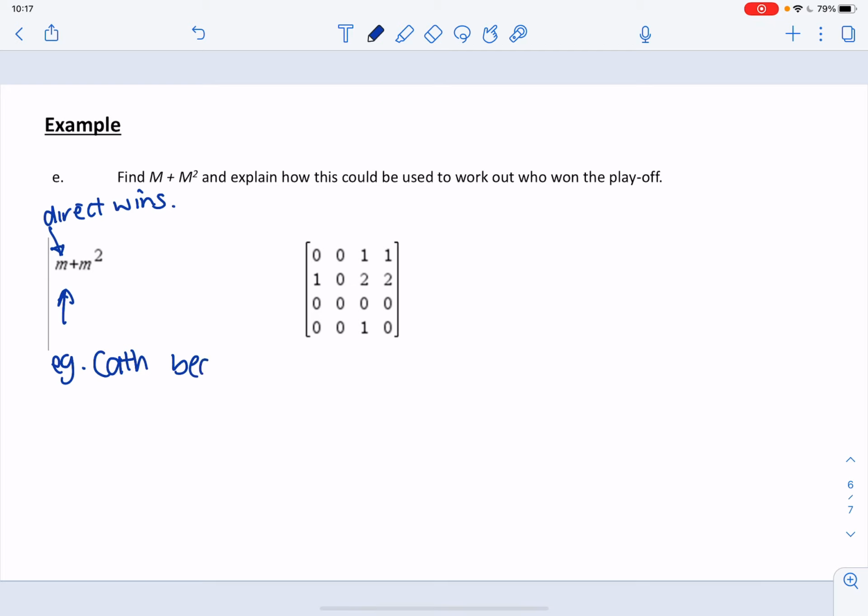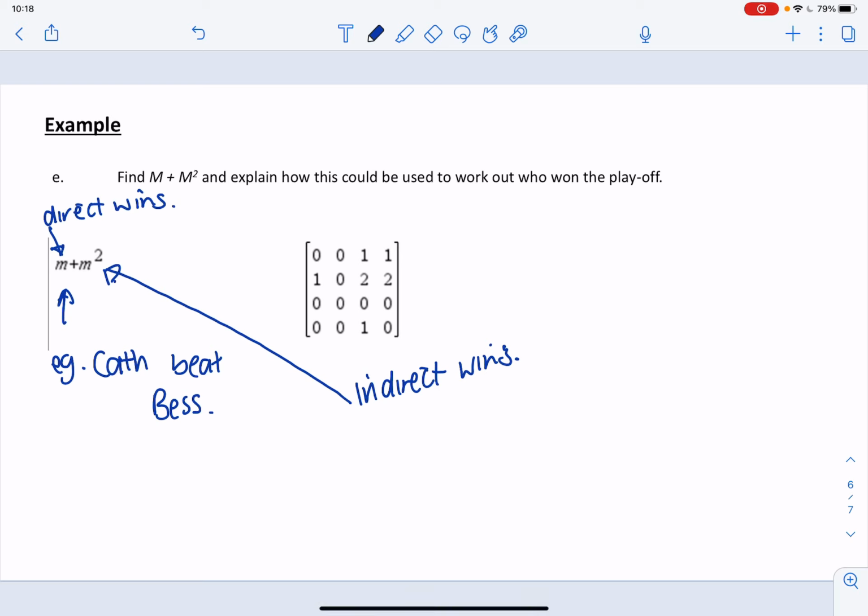Kath beat Bess. And then put an arrow right over here. M squared are our indirect wins. So we're saying that Kath beat Denise, who beat Bess, and Kath beat Denise, who beat Abby.